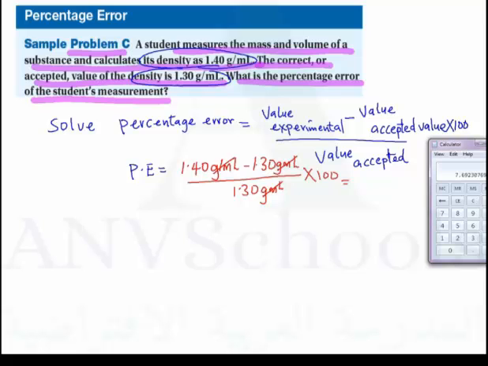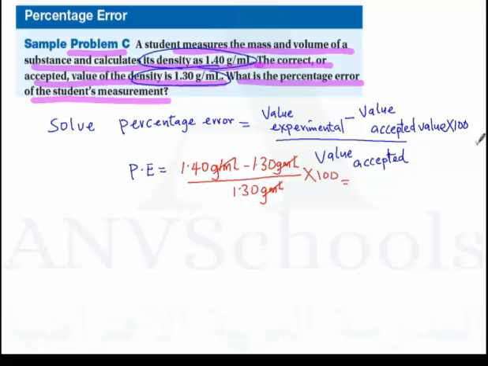We get 7.69, which rounded off is 7.7. So the answer, the percentage error, is 7.7%.